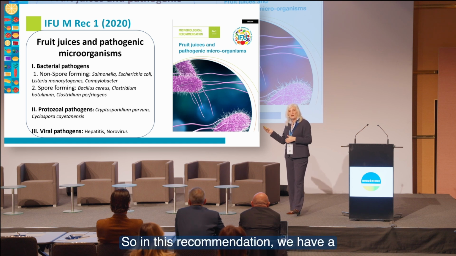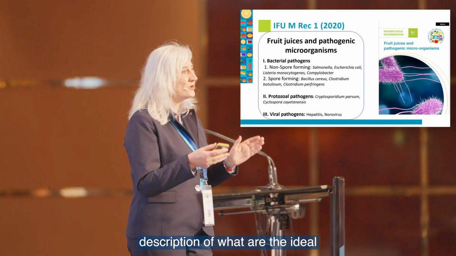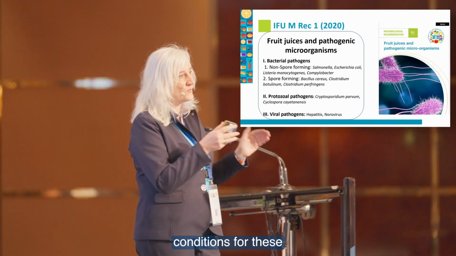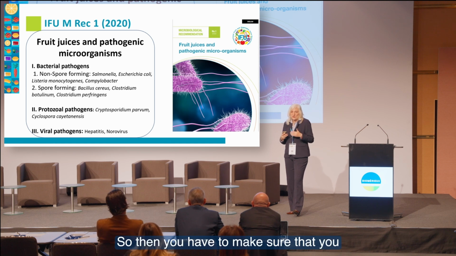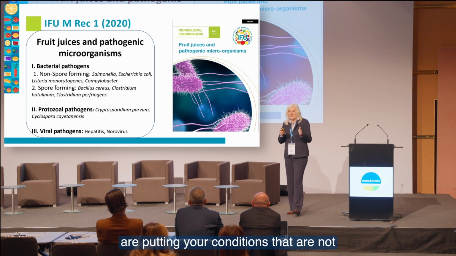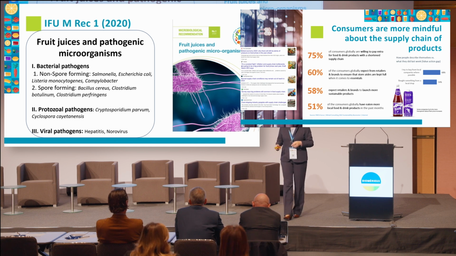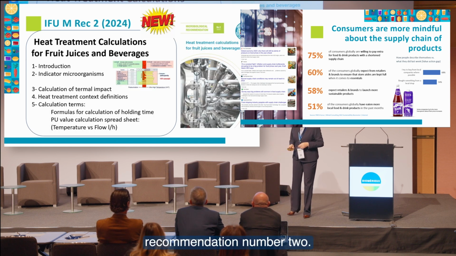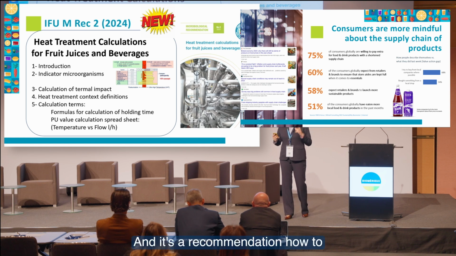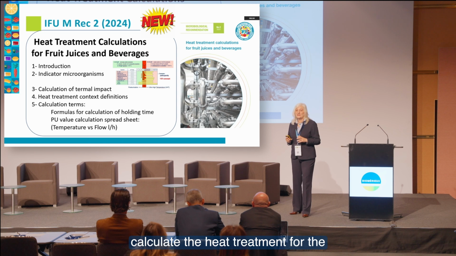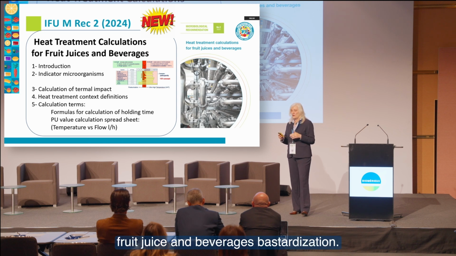So in this recommendation, we have a description of what are the ideal conditions for these different pathogens to survive, so you have to make sure that you are putting conditions that are not ideal for them to survive. And we have the new recommendation number 2. We just launched it last month, and it's a recommendation on how to calculate the heat treatment for the fruit juice and beverages pasteurization.